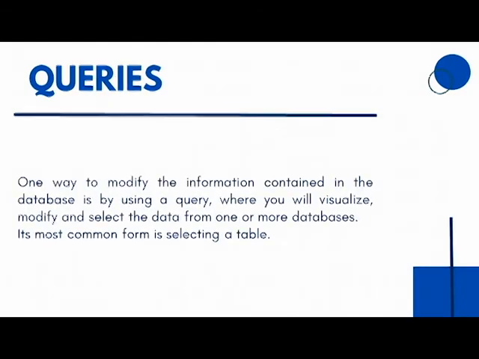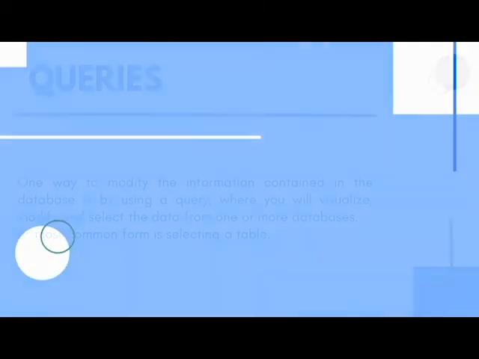Queries. One way to modify the information contained in the database is by using a query, where you will visualize, modify, and select the data from one or more databases. Its most common form is selecting a table. Using Wizard for queries.